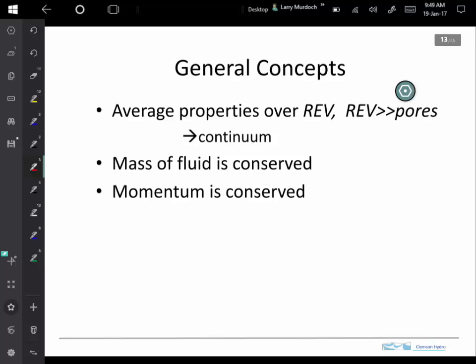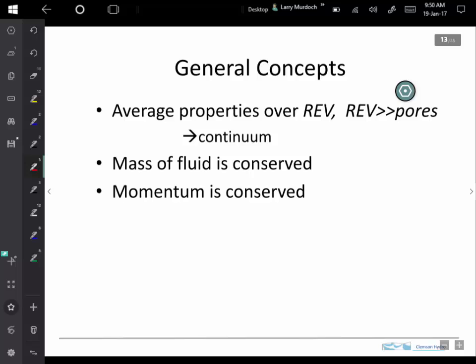And so that'll form an important basis. I want to show you, though, one of the consequences of that, which is just how we get the governing equations to work at this continuum scale. But that'll be an important concept.